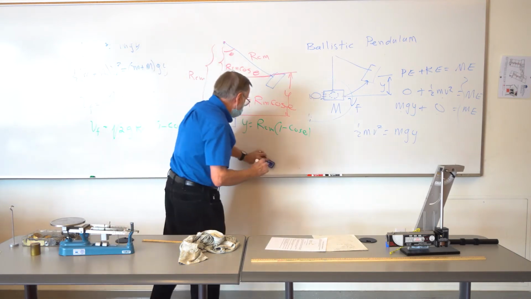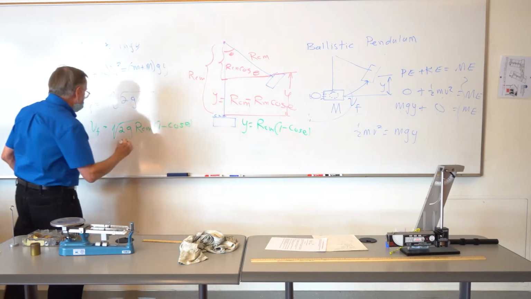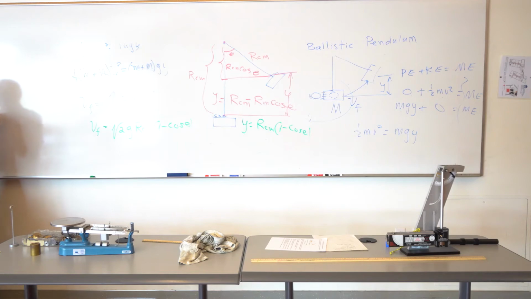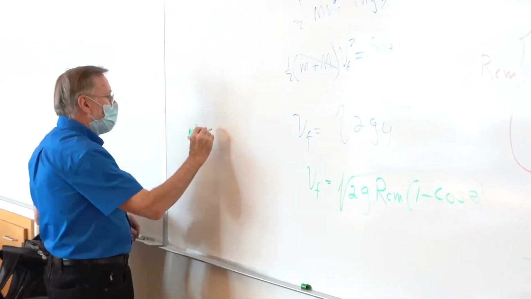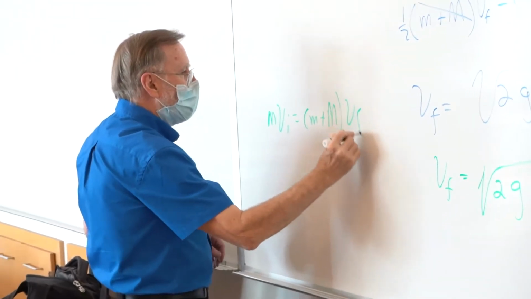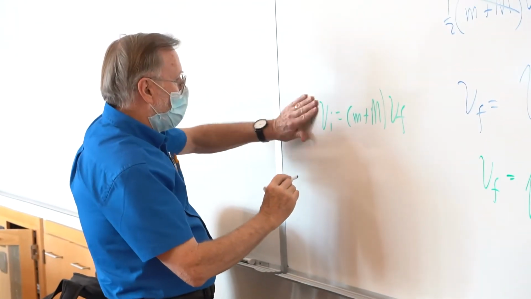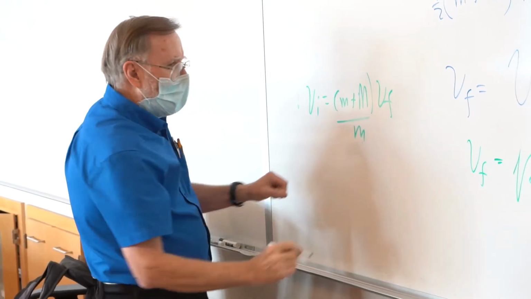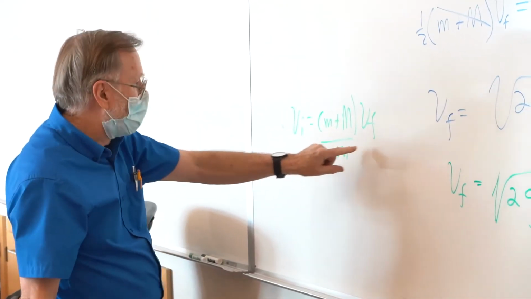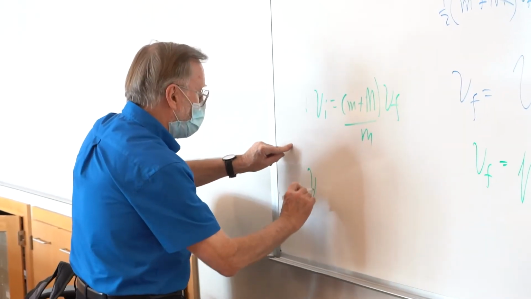Okay, that's fine. So what we had is the conservation of momentum was m v initial equals m plus M v final, and dividing both sides by m. So what we want to do is take this v final and plug it in here. Give us our final expression.